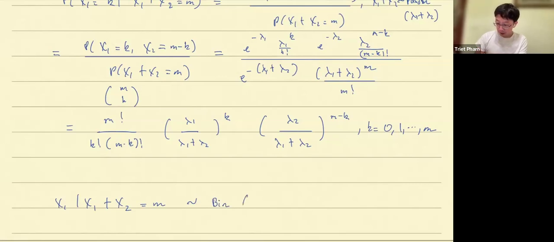With how many trials? m trials. With what kind of success rate? This is your p. All right, so that's step 2. We have interpreted it as a random variable. Any question?